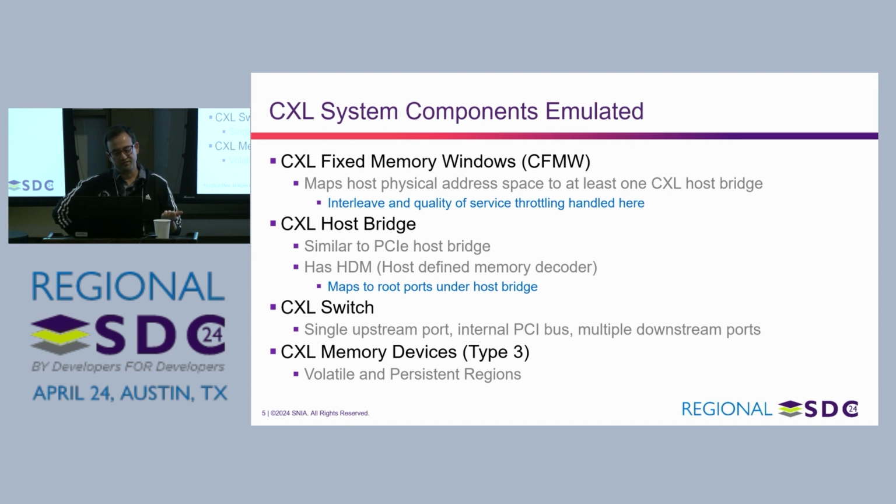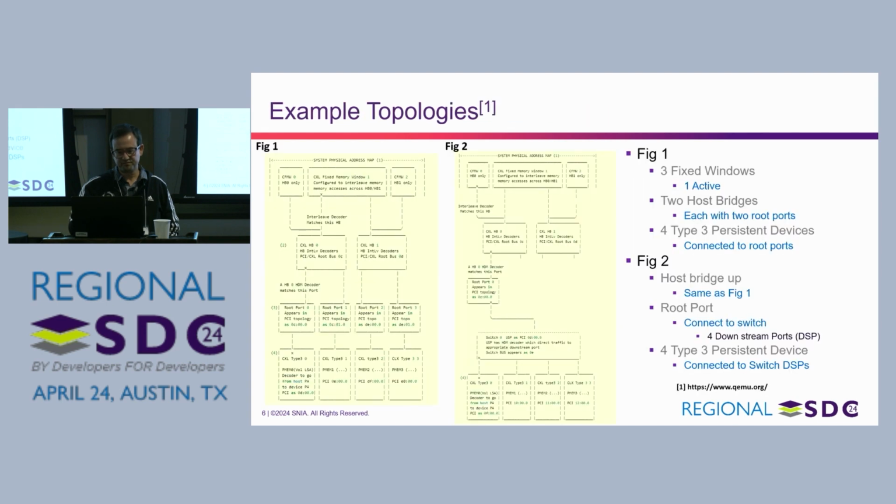The support is for type 3 memory devices, volatile and persistent. It was initially all persistent regions, and we were pushing to get the volatile support in too. So that's a high-level picture of the hardware components that QEMU emulates inside of the system.